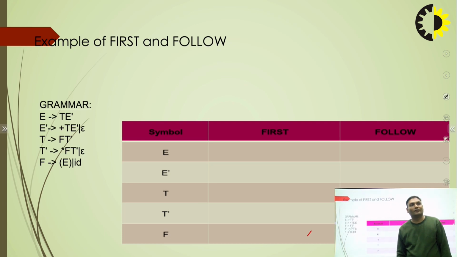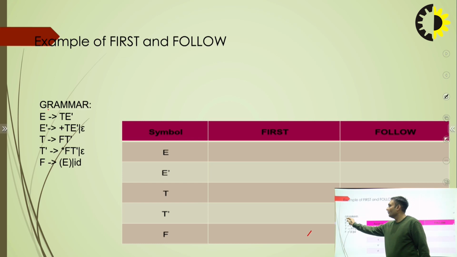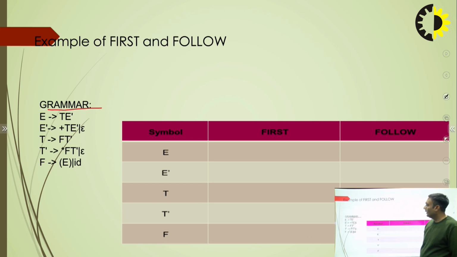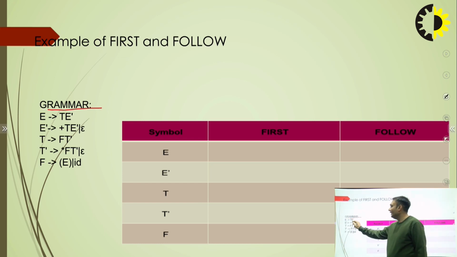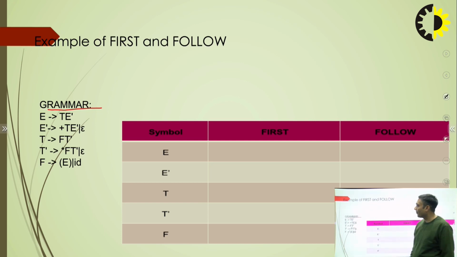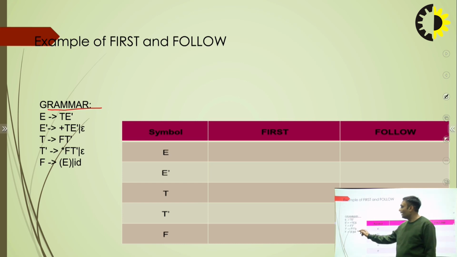So let's see with an example how we calculate first and follow of any prediction rule. Suppose there is a given grammar: E to T E dash, E dash to plus T E dash or epsilon, T to F T dash, T dash to star F T dash or epsilon, and F to E or id.